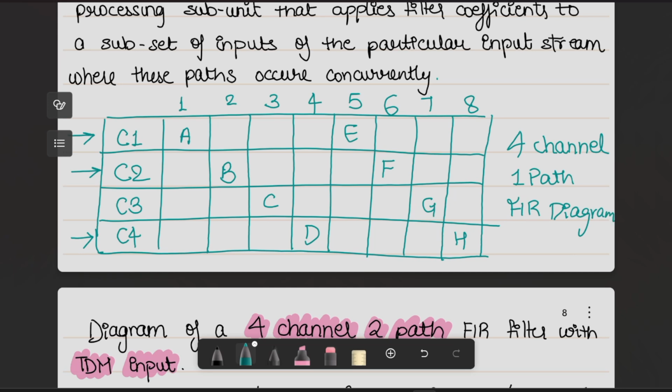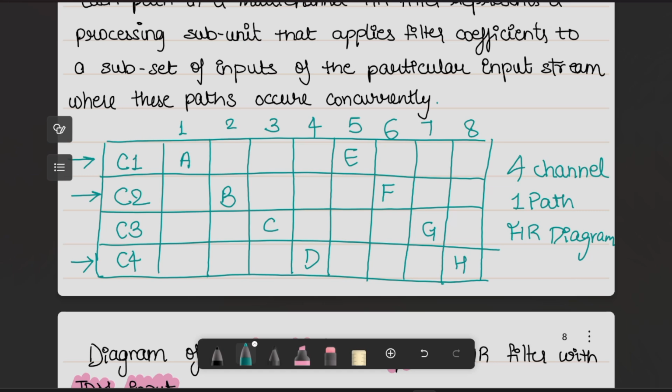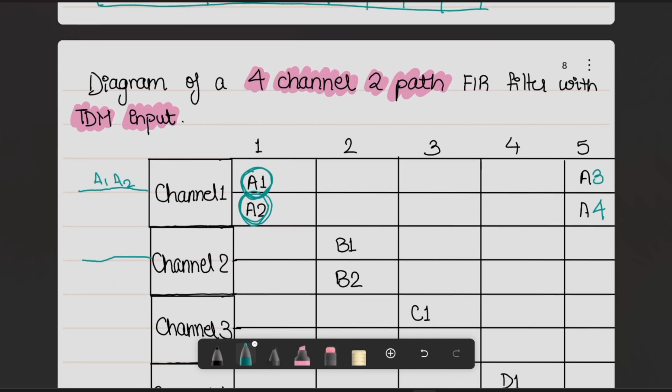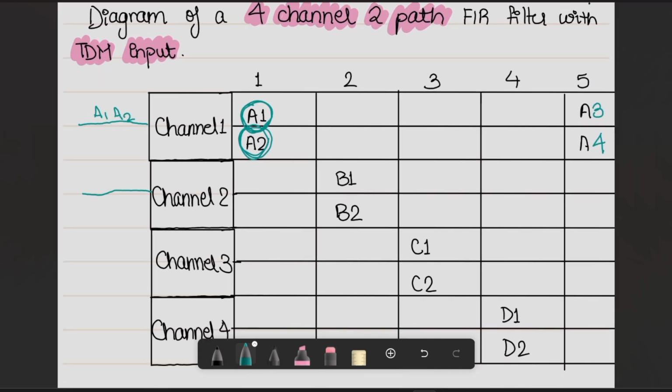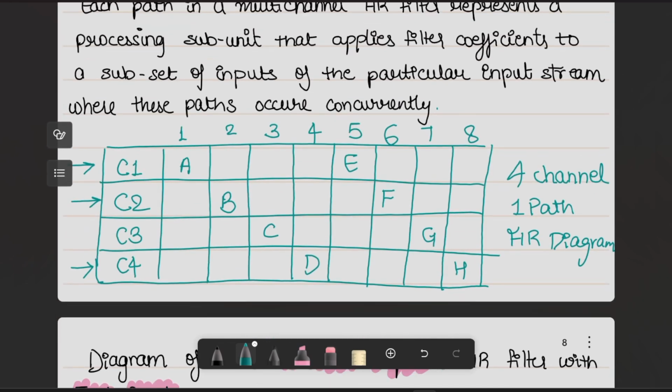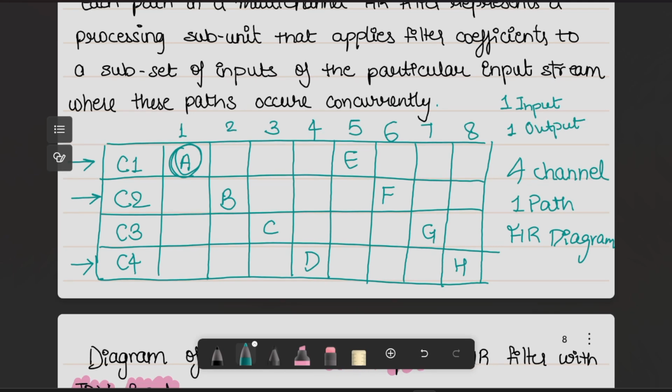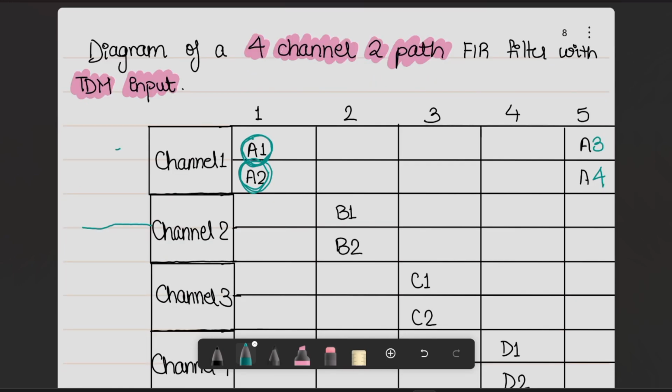Now if we switch to a 4-channel 2-path FIR, you would realize what I was talking about. Now instead of only A being processed in 1 clock cycle, I have 1 input and 1 output over here. But for 4-channel 2-path, I would have A1 and A2 being processed over here.